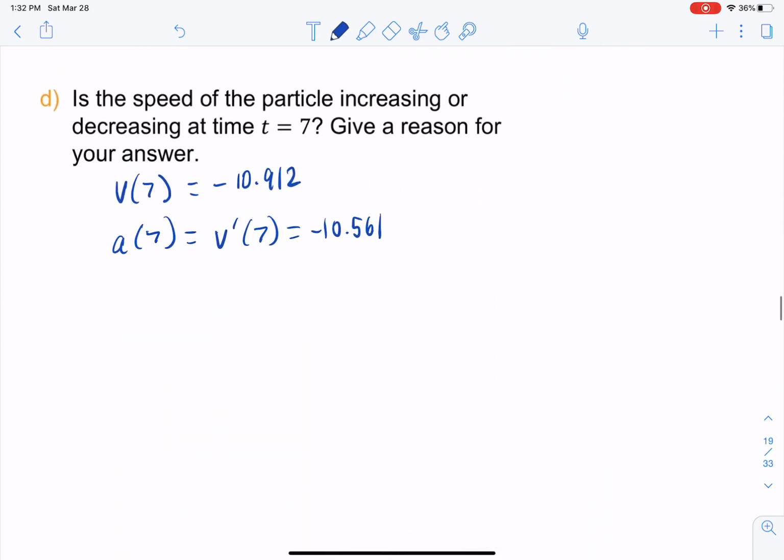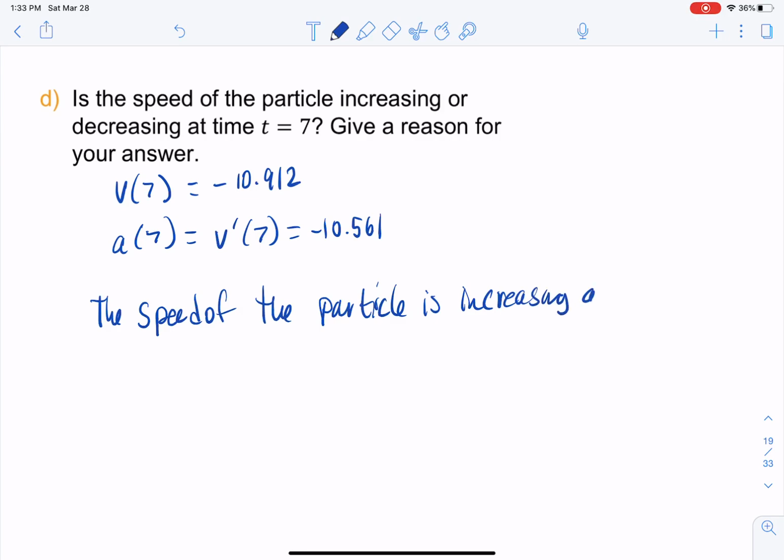I'm going to write the speed of the particle is increasing at t equals 7 because v of 7 and a of 7 have the same sign.